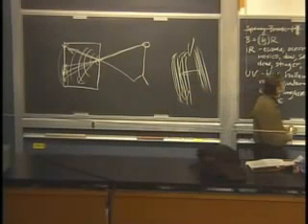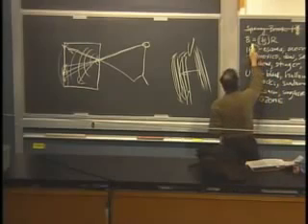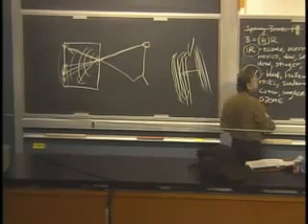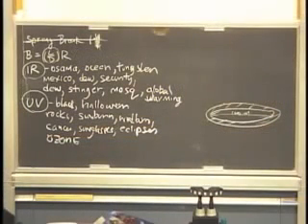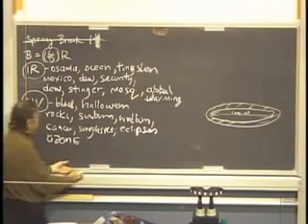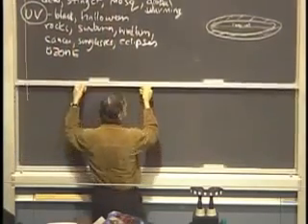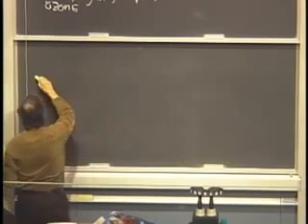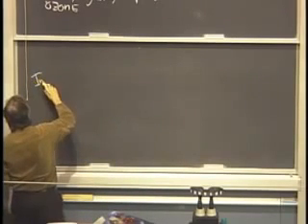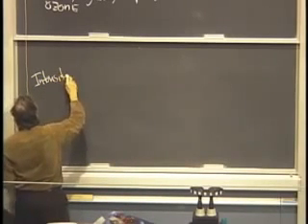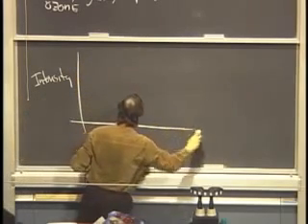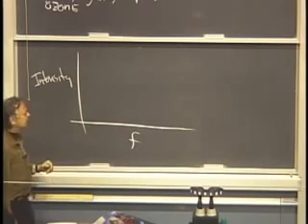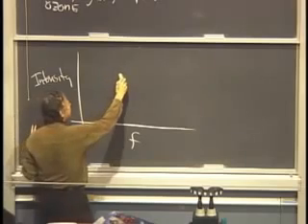Now let's get into infrared and ultraviolet. I want you to know those terms. IR stands for infrared. This is the light that isn't quite visible. If you look at sunlight and you look at the amount of radiation, so this is the intensity, and you look at different frequencies, there's a certain intensity of visible light.